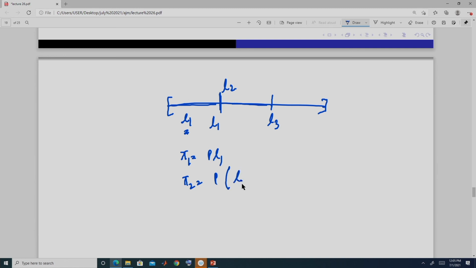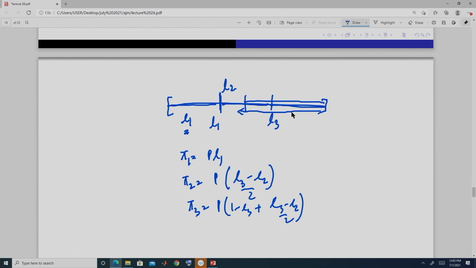So, it is L3 minus L2, half of this. And the profit of farm 3, if you look, is 1 minus L3 plus half of this distance. So, it is getting this much. Now, if it moves like this, then its profit is going to increase.